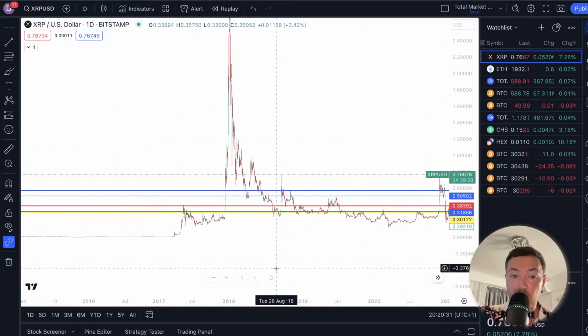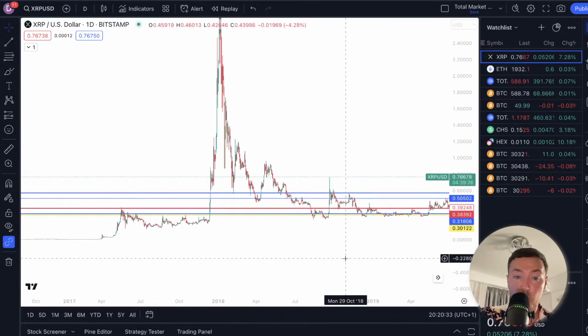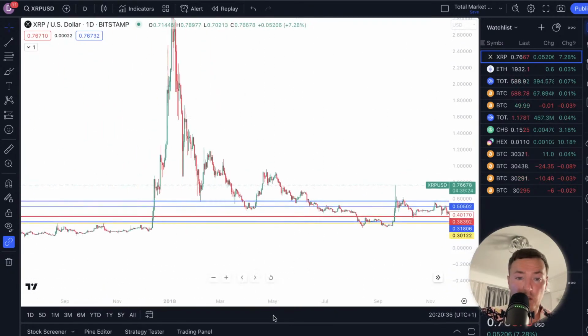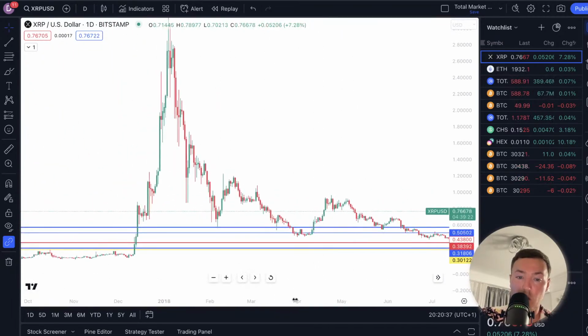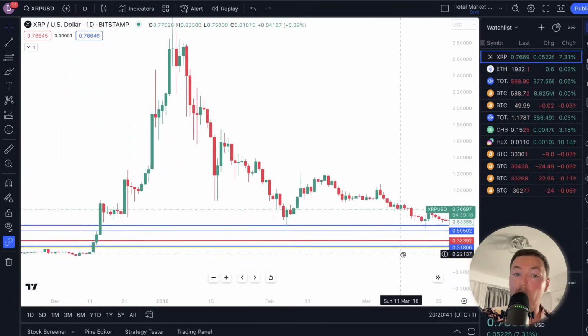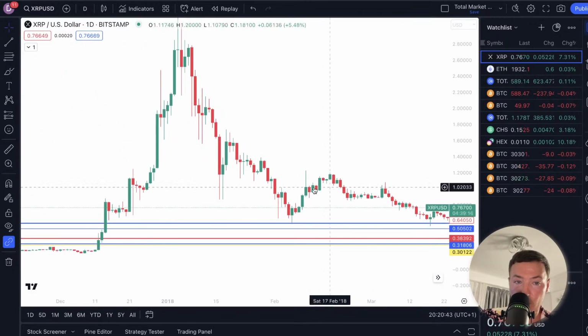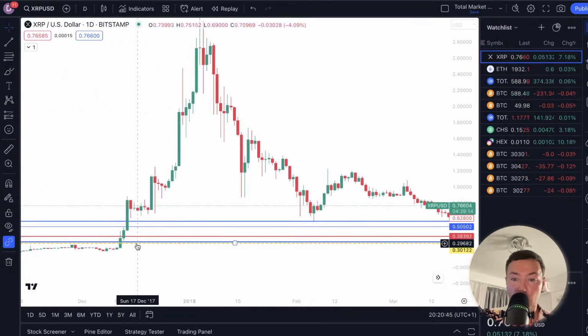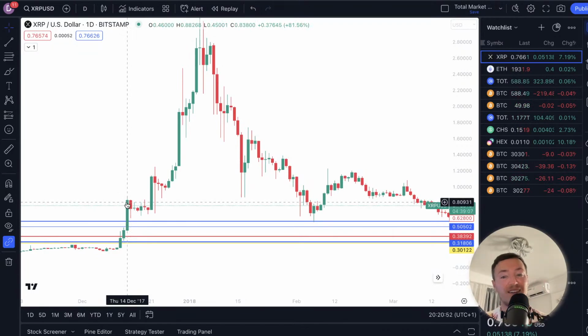So when XRP does break out, in fact we'll be able to see it absolutely perfectly here. Every candle on this chart, every green line or red line on this chart, indicates 1 day. So we are right now up at right here. In fact, this is actually pretty scary.